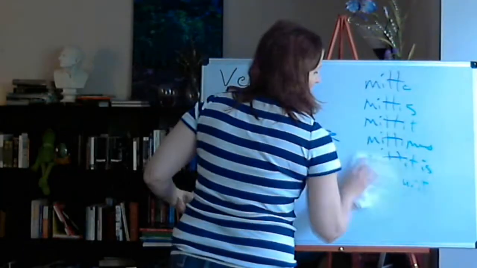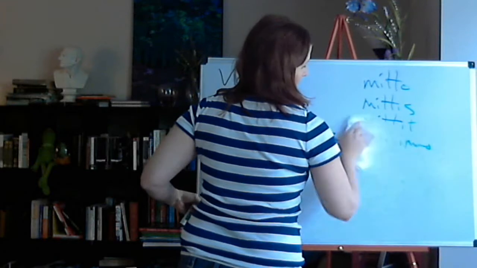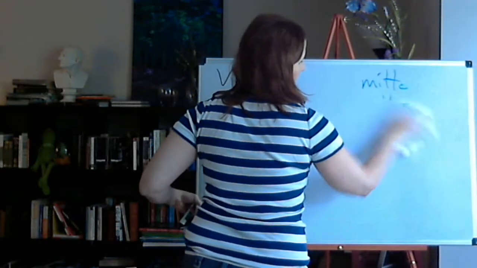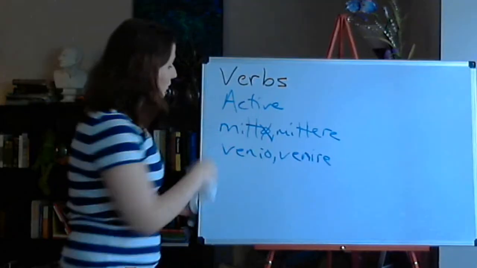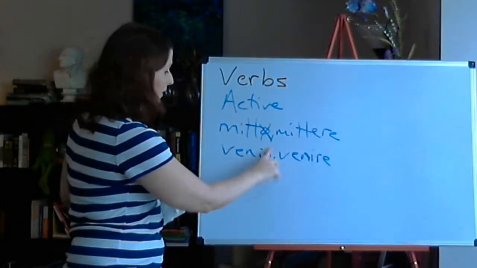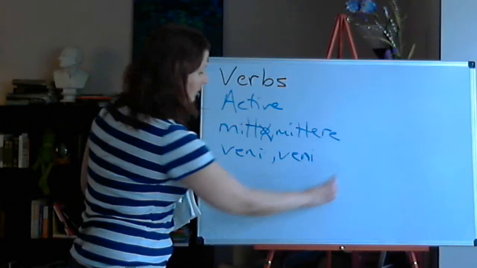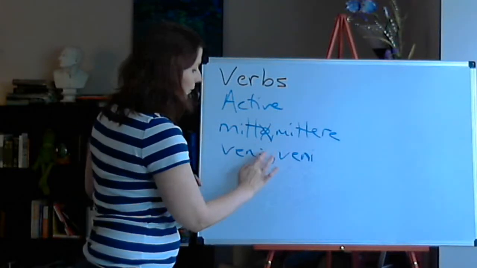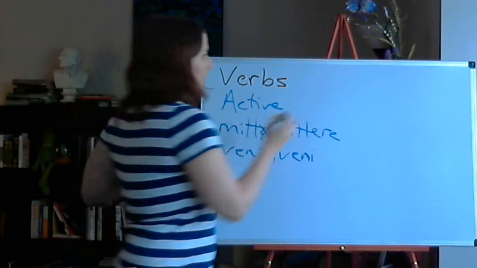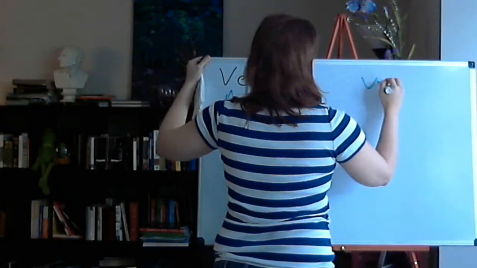Fourth conjugation, you can get there either way that we've already done. You can go to the second principal part and drop the RE like we did with amo and moneo, or you can do it like you do with the mitto and cut off the O, and either way you get the same stem. You don't get the same stem if you try that with third conjugation, but you do with a fourth conjugation. So we end up with that stem, veni.